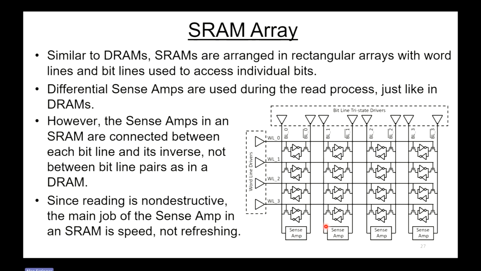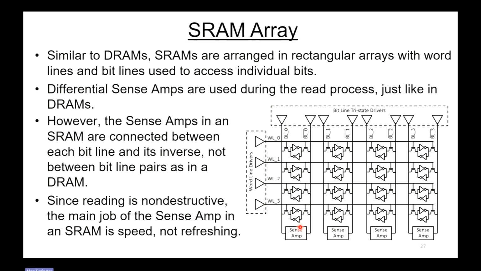We have a differential sense amp used during the read process, and it's pretty similar to the sense amp in the DRAM. However, the sense amp in the SRAM is now connected between the bit line and the bit line bar, instead of being connected to two different bit lines as in the DRAM, where you had a bit line on the top of the array and a bit line on the bottom of the array.